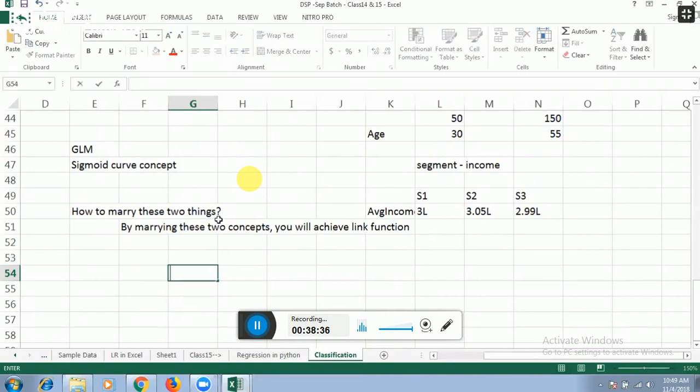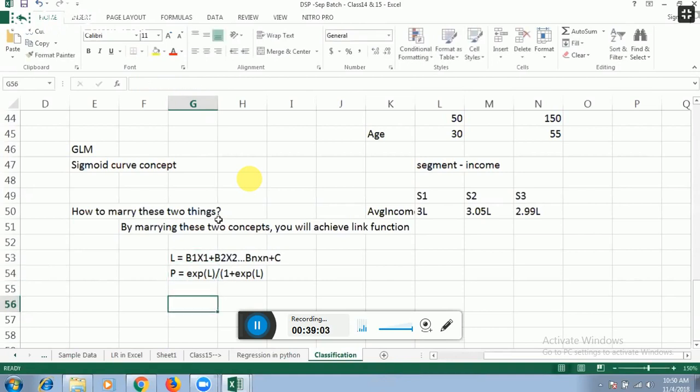Now what you know, P equal to e power L by 1 plus e power L, that is, exponential of L by 1 plus exponential of L. So this is what you know. Suppose, of course, L is nothing but, as I told you, beta 1 x1 plus beta 2 x2 and so on, beta n xn plus a constant.